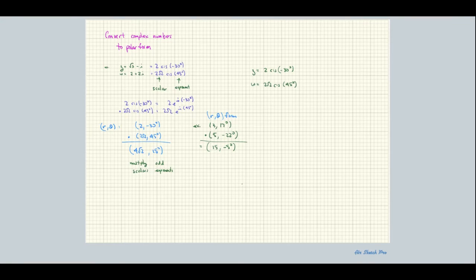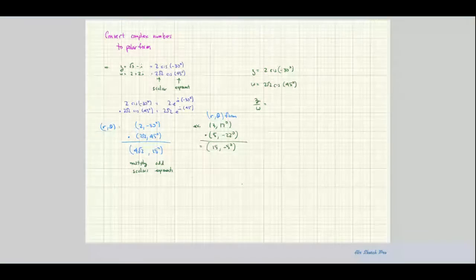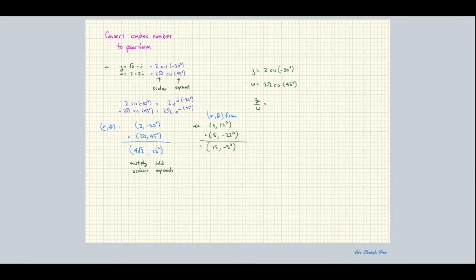Now, this time we're going to divide. What do we do when we're dividing exponents? What do we do to exponents when we divide? Anybody? Ryan? That's right, subtract, subtract. Everybody knows that.